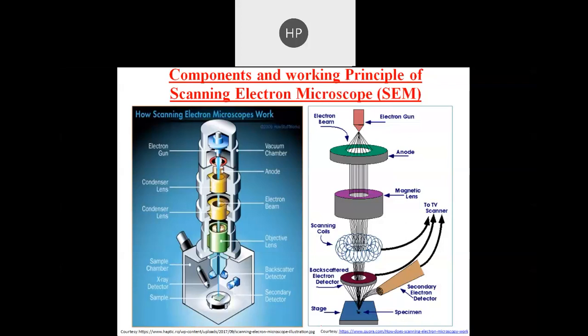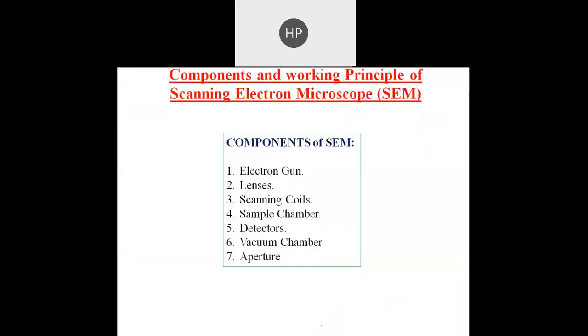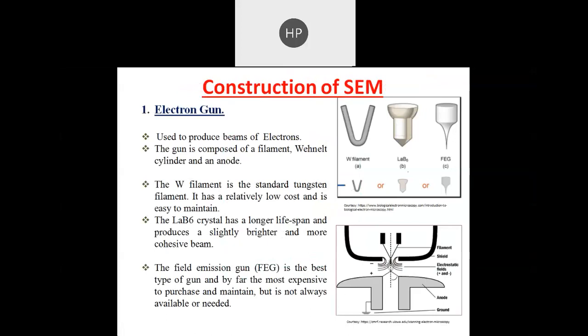So the scanning electron microscope has an electron gun, lenses, scanning coil, sample chamber, detectors, vacuum chamber, and aperture. Generally this electron gun is made up of tungsten, and it has a low cost and easy maintenance.